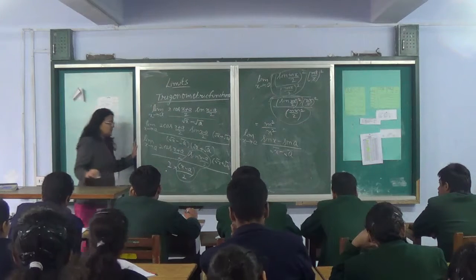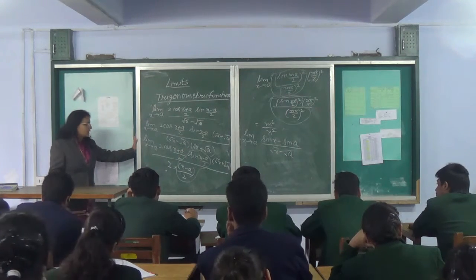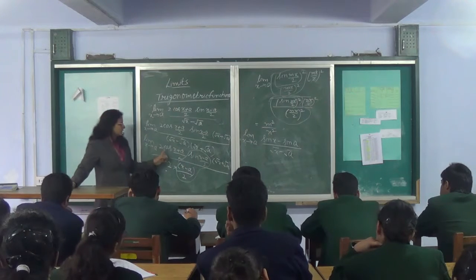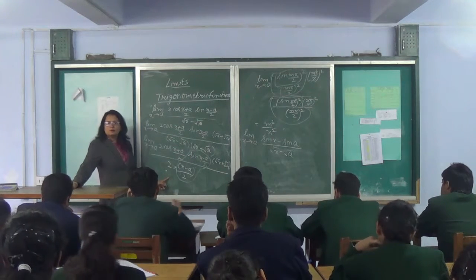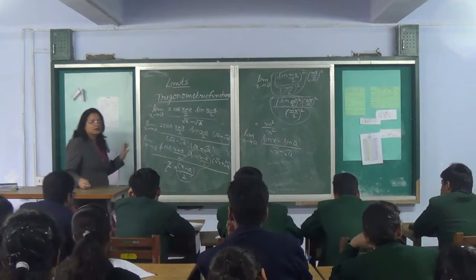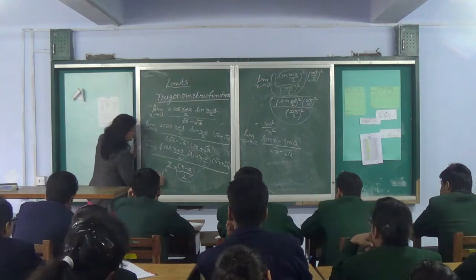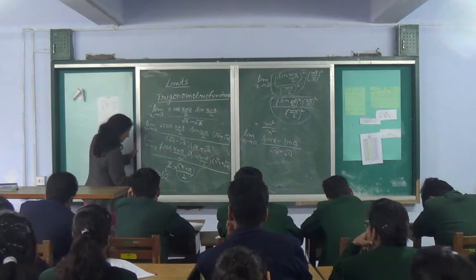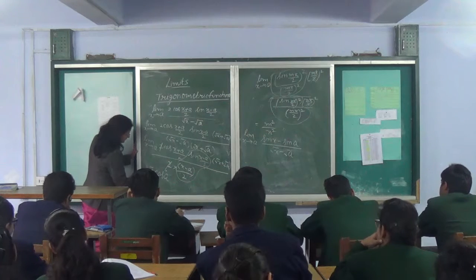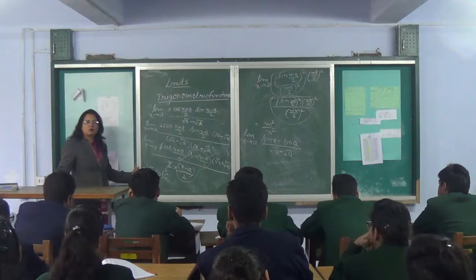When you apply the limits, what is this resulting one? 1. And with all the rest of the factors we don't have any problem. So this 2 gets cancelled. So what is the final answer? Cos a, and root a plus root a, so we get 2 root a cos a.